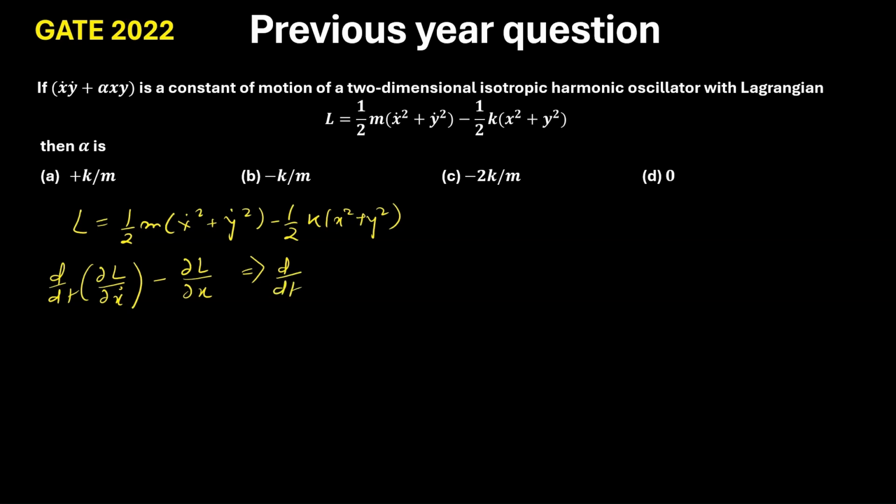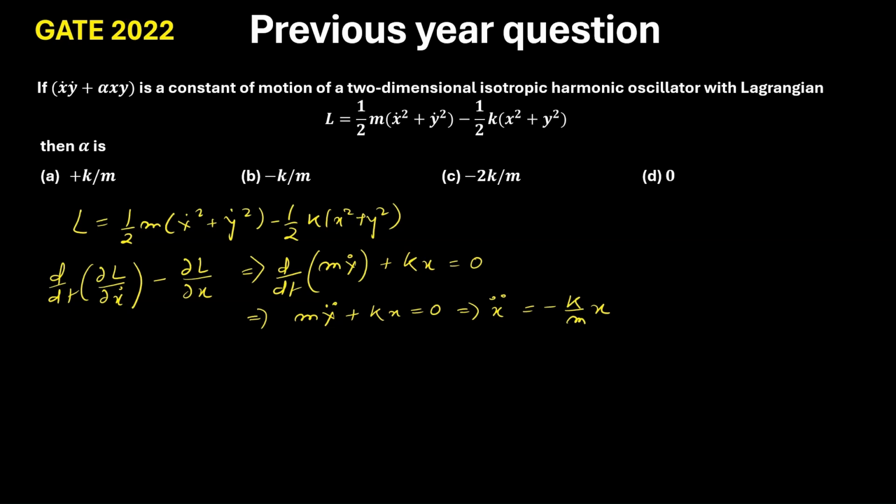If I differentiate, I'll get m x dot, and here I will get plus kx. So this will be equal to 0. So m x double dot plus kx is equal to 0. So I can write x double dot is equal to minus k by m into x.